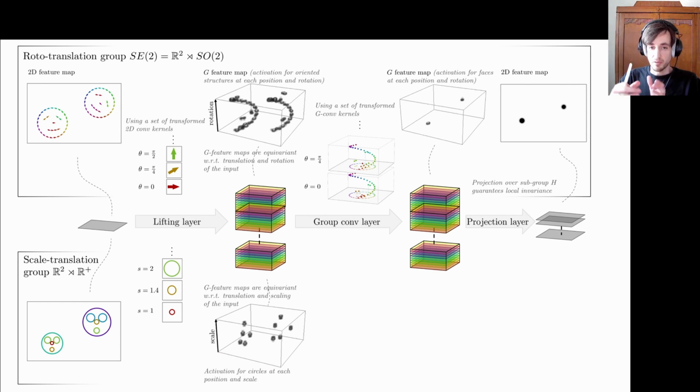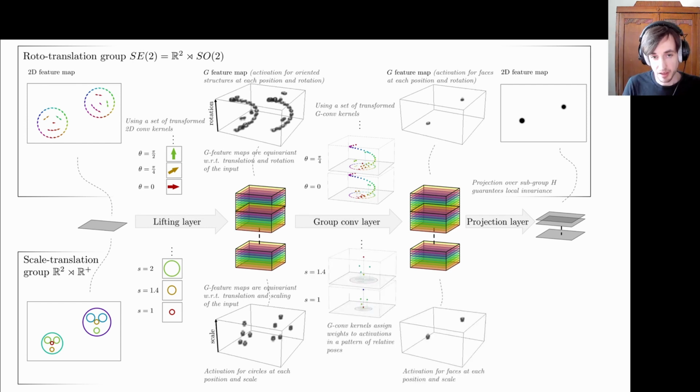And this relative configuration of points is just expanded in a predictable way using group theory. So now again, we can apply group convolutions to detect these more advanced patterns by detecting patterns of relative poses of these core building blocks, like these blobs.